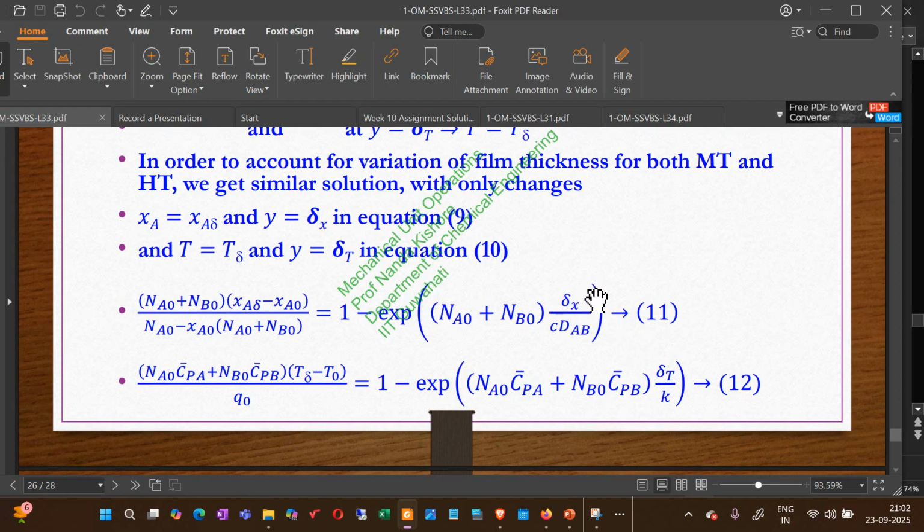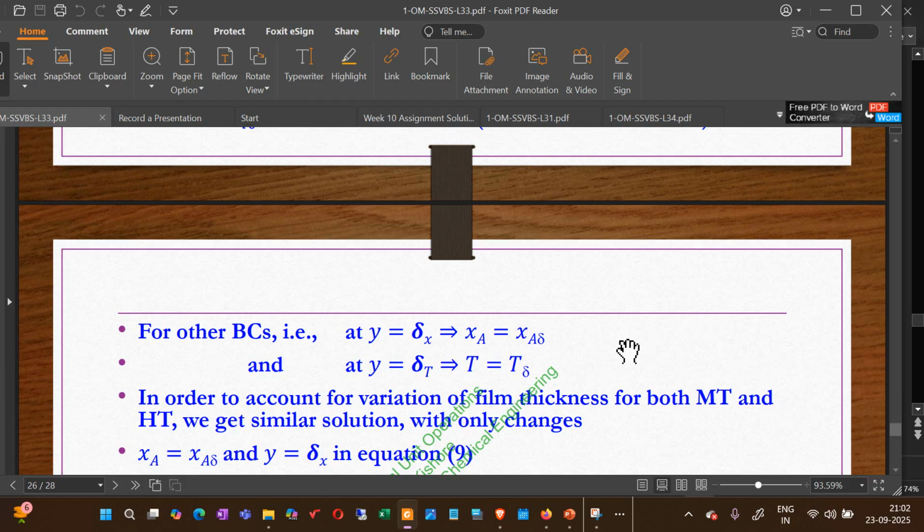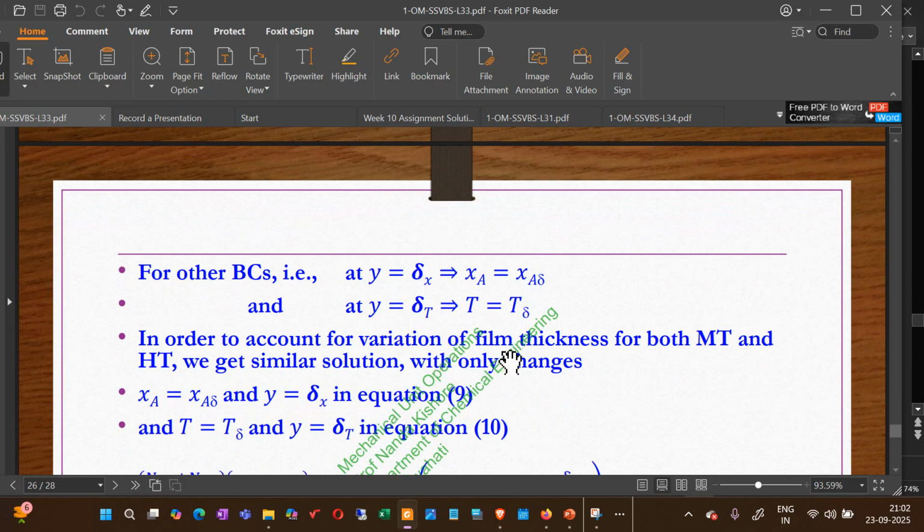Because of this, at delta x, this is because of thermal delta T for different thicknesses. So in order to account for variation of film thickness for both mass transfer and heat transfer, we get similar solutions with changes.